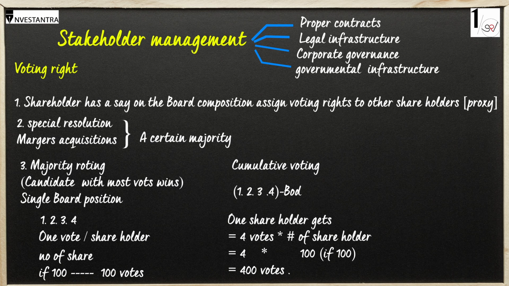Otherwise, over here, I have 1 vote per shareholder, and that's very, very easy, depending on the number of shares. So here you have 400 votes, whereas in majority voting you don't have so many votes, right? Here you have 400. Here, if 100, you have 100 votes. That's it. You can't go and give 400 votes to each. This is cumulative voting. I can split these votes however I want.